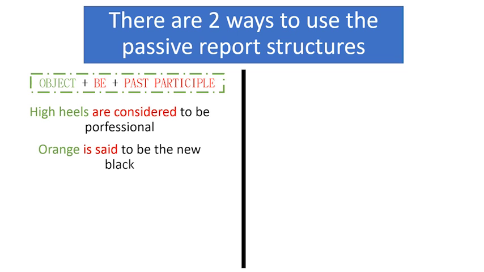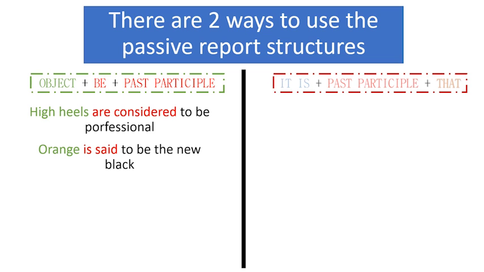Another example, orange is said to be the new black. The object, verb be, is, and past participle of say, said. As you can see, we're using the past participle of consider and say, which are reporting verbs. That's why these are passive report structures.